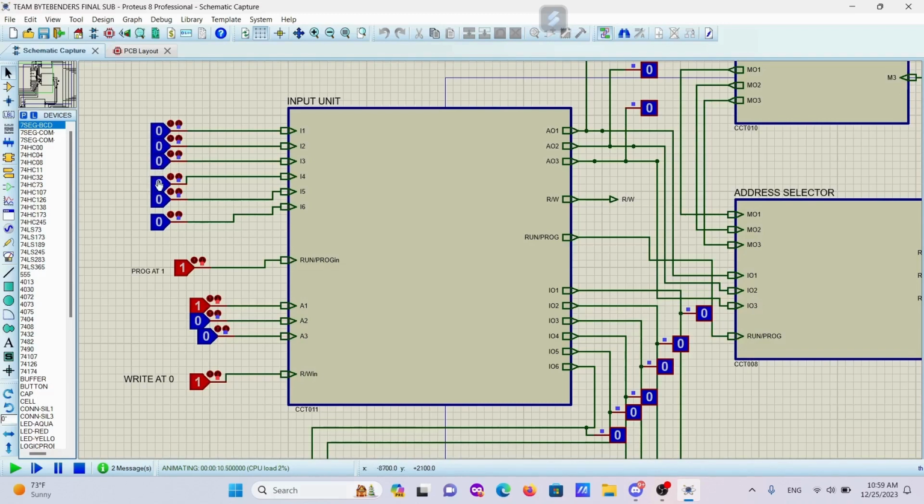So we want to subtract, suppose we want to subtract 8 from 10.